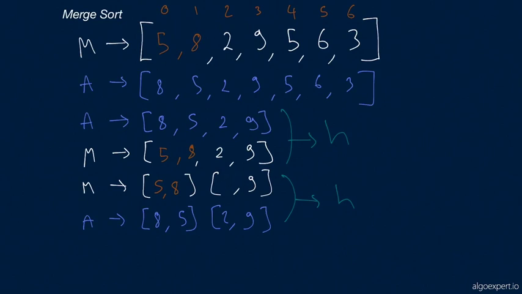So I'm going to erase it here, here, and here, because these are all the places where we have our main array. And I'm going to write them in brown. 2, 9, 2, 9. Maybe I should also write the commas in brown. Okay. So now, this is completely sorted.